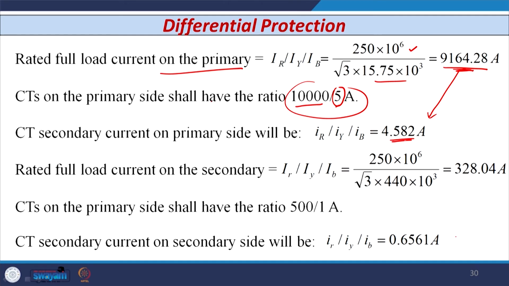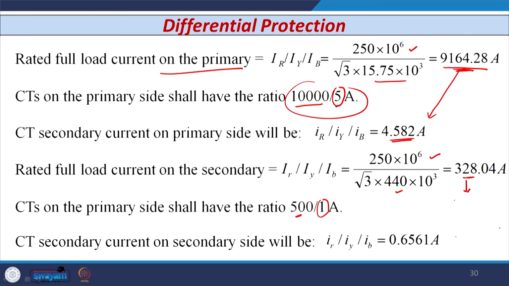Similarly, if I find the rated current on the secondary side, that is 250 into 10 raised to 6 divided by root 3 into 440 kV. So the current is 328 ampere. I can select a 500 ampere by 1 ampere CT. I have selected 1 ampere secondary because this current is less than 1000 ampere.